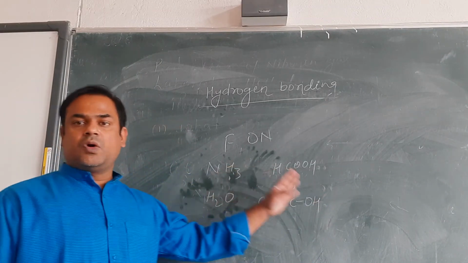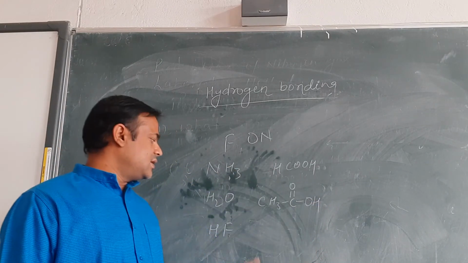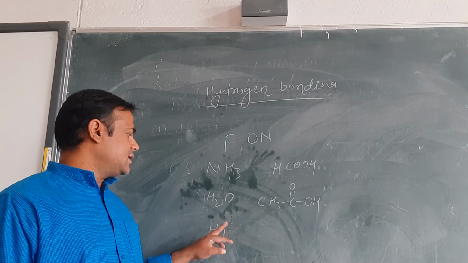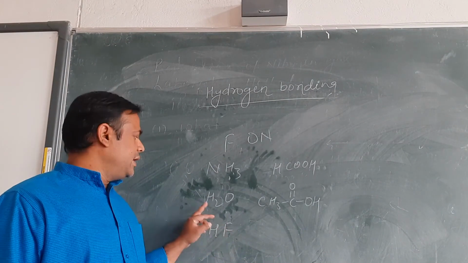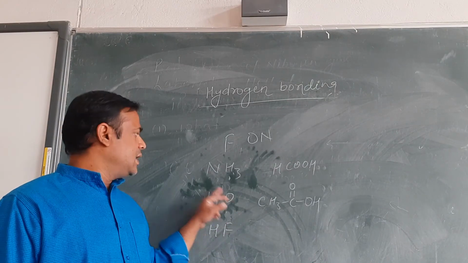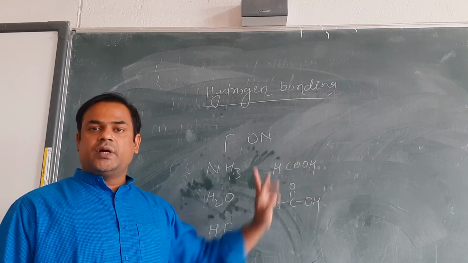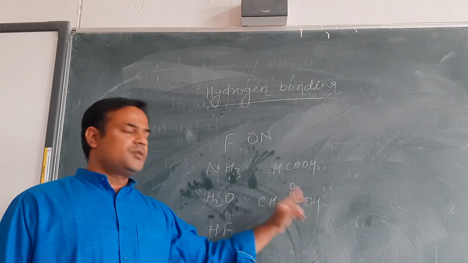In all these molecules you can see that hydrogen is bonded with a highly electronegative element: here hydrogen is bonded with fluorine, here with oxygen, here with nitrogen, and in these cases also with oxygen.